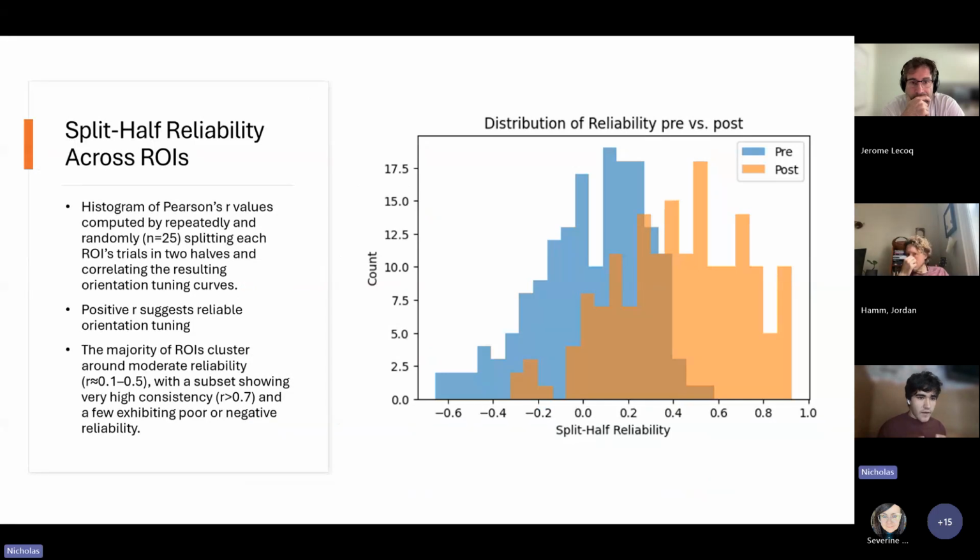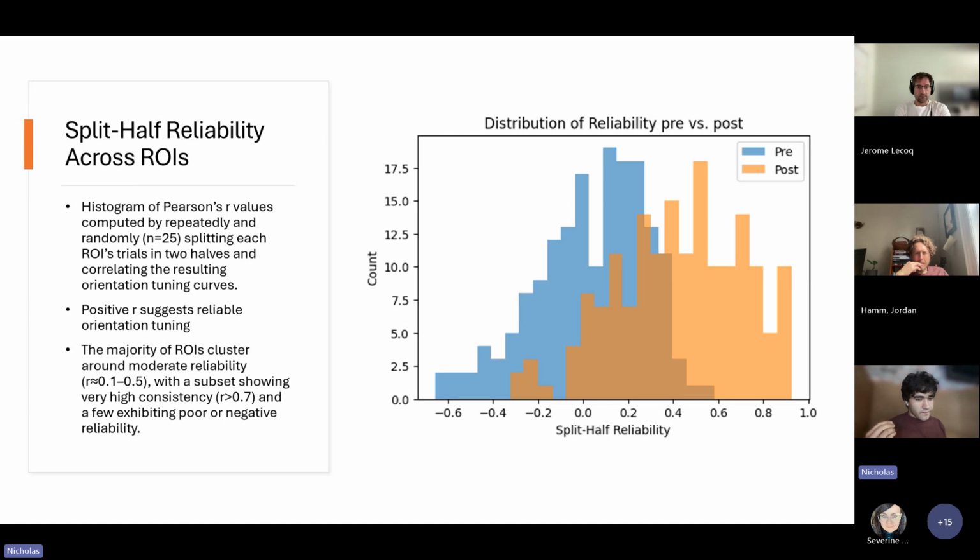So in addition to this, I computed essentially a metric to evaluate how consistent orientation tuning vectors are across blocks. What I did was I randomly split the trials within a block into two subsets, 25 times. I computed the orientation tuning vectors from these subsets, and I computed the Pearson correlation between them.